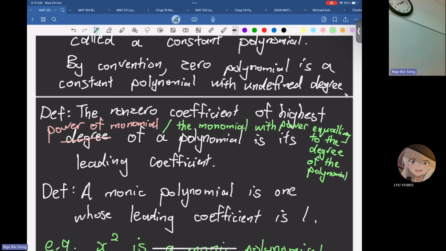Coefficient of a monomial. If I want to define the coefficient of the monomial, how to define? It's the number that multiplies with the monomial, the scalar that multiplies with the monomial. That's the coefficient of a monomial.